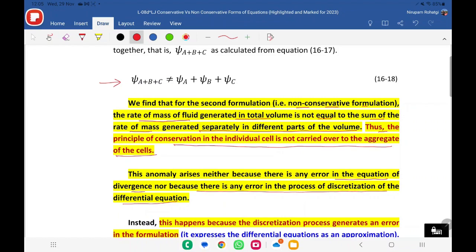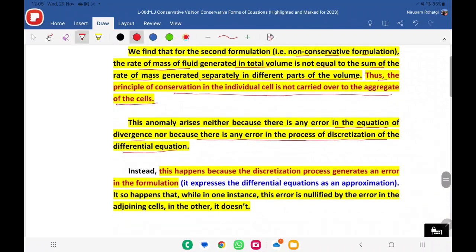Nothing is wrong. Instead, this happens because the discretization process generates an error in the formulation. It expresses the differential equation as an approximation. It so happens that while in one instance the error is nullified by the error in the adjoining cell, in the other it does not.